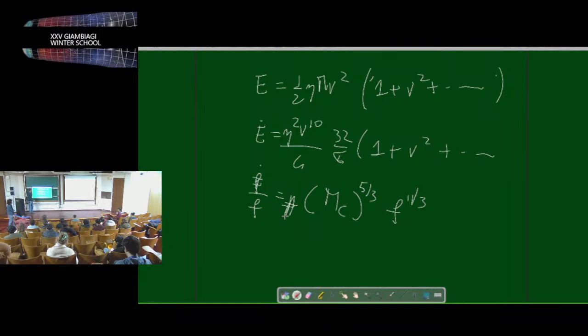The first parameter that matters is this m chirp. Okay, the first parameter that affects more the construction of the phase. Then there are all the parameters entering here in these post-Newtonian corrections, and these are basically symmetric mass ratio, spins, and so on.